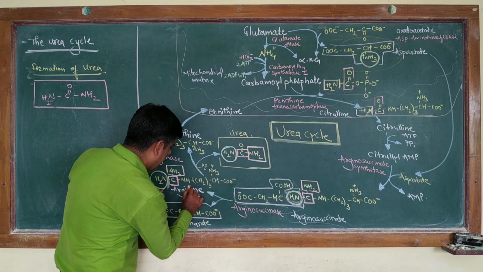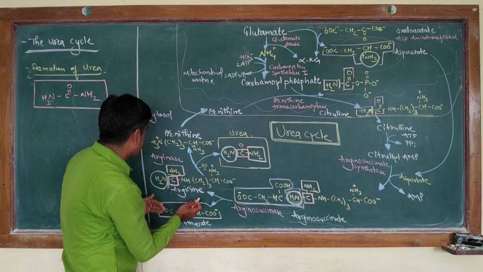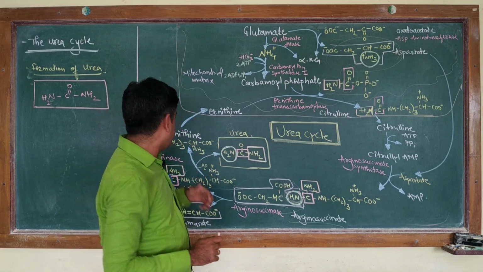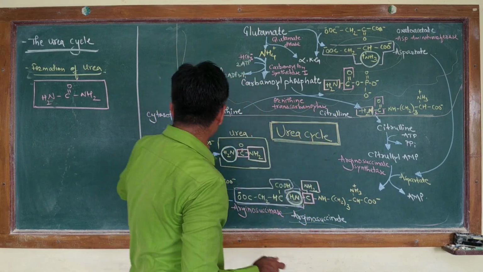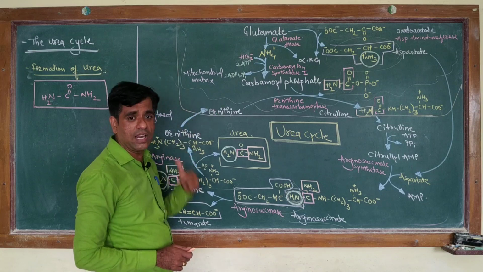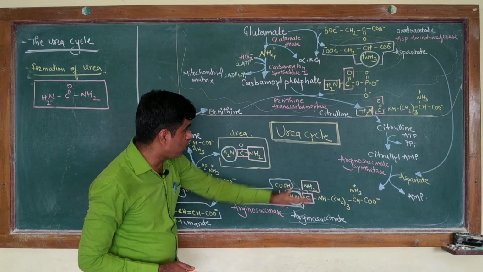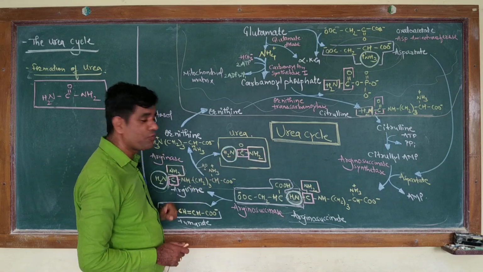So from this entire arginine you remove this particular urea, and you have brought back this ornithine, and this particular ornithine is the starting material for the urea cycle, and this ornithine now enters back into the mitochondrial matrix to have another cycle, that is your urea cycle for the formation of urea.